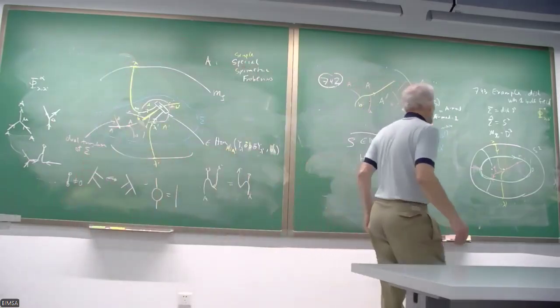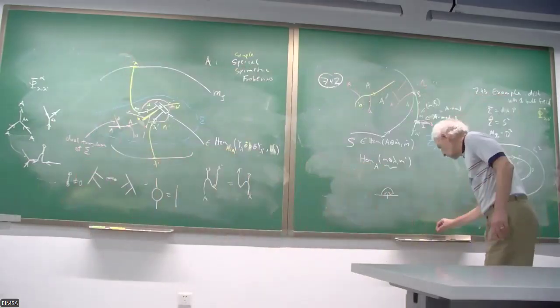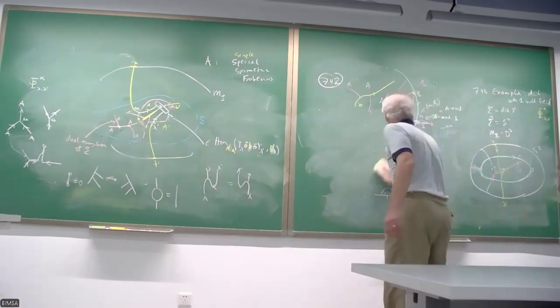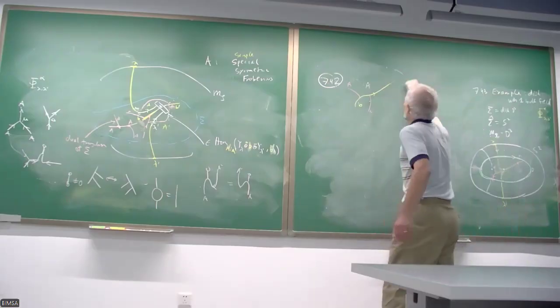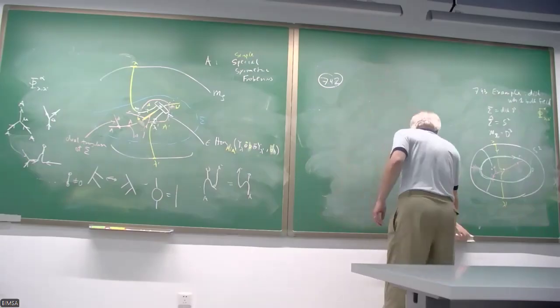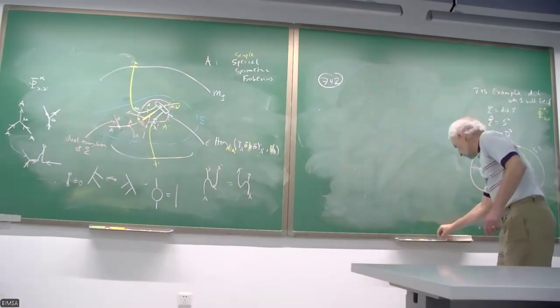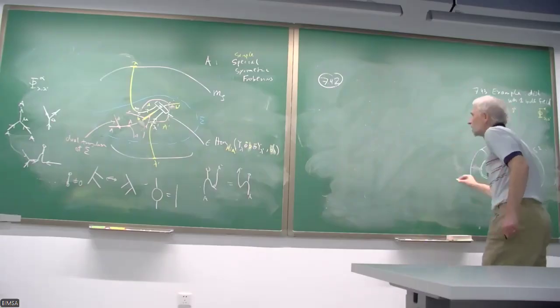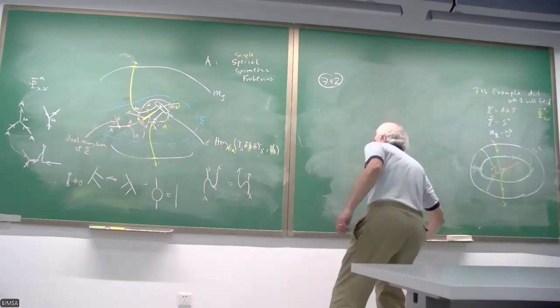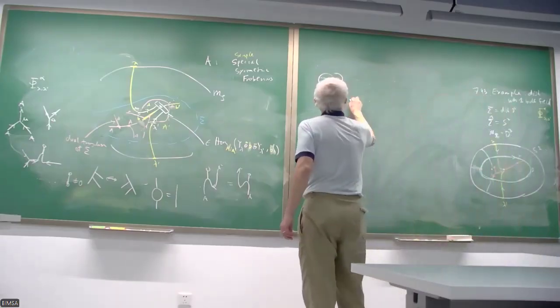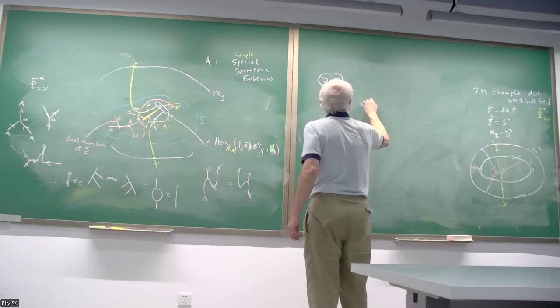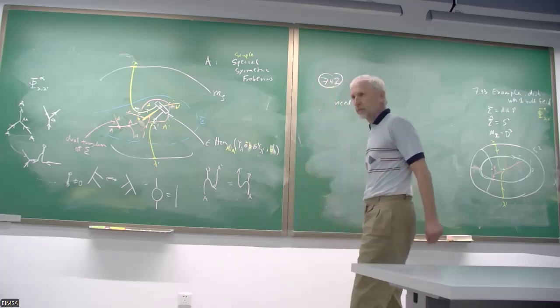But actually, this is non-zero only if, depending on orientations in my choice of orientations, we actually need, in this case, that lambda prime is the dual of lambda.